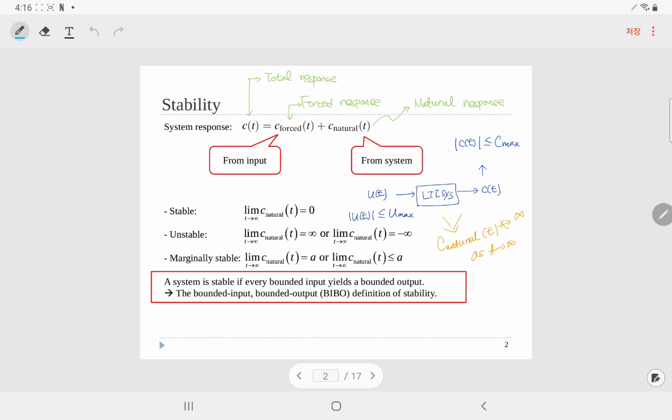We can say that a system is unstable if any bounded input yields unbounded output.